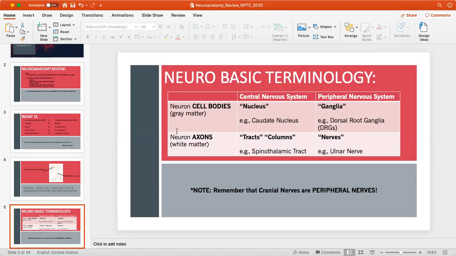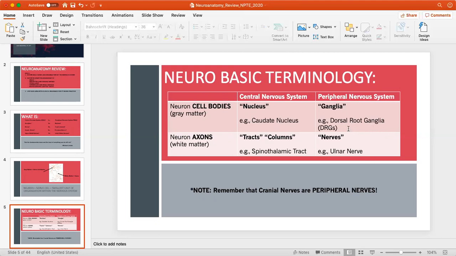Nerve cell bodies within the central nervous system we call nuclei or a nucleus. An example of this, within our basal nuclei, would be the caudate nucleus. That's going to be part of the deep gray matter in the central nervous system. In the peripheral nervous system, we call collections of nerve cell bodies ganglia.